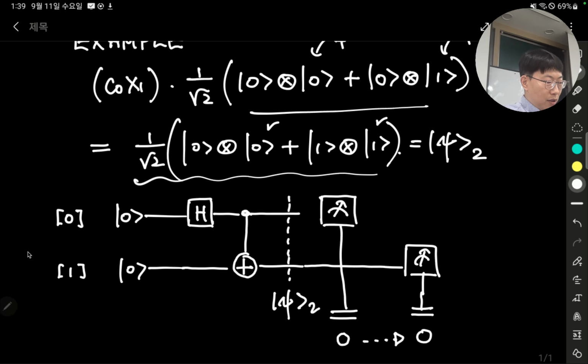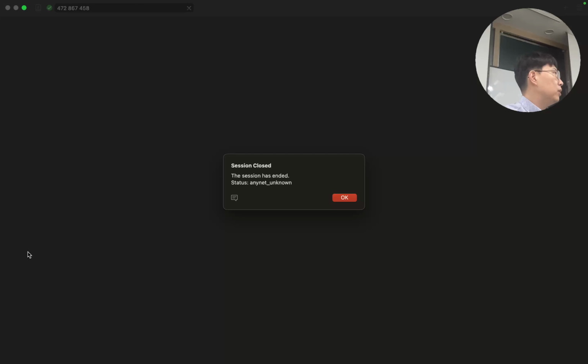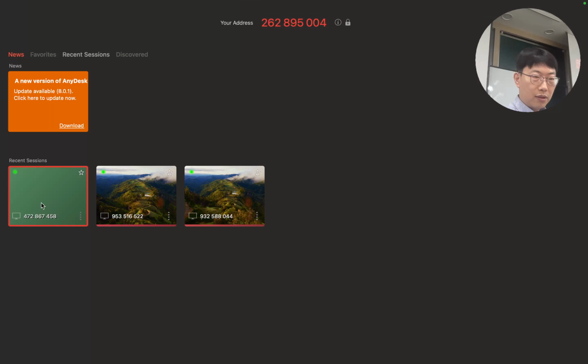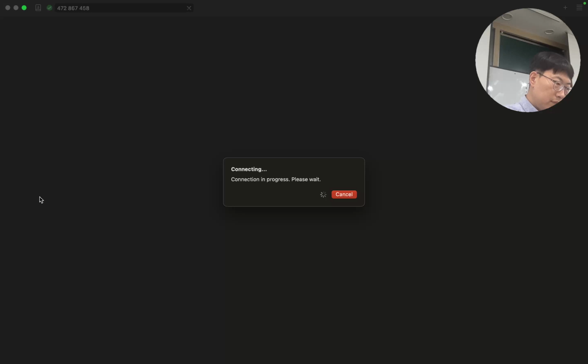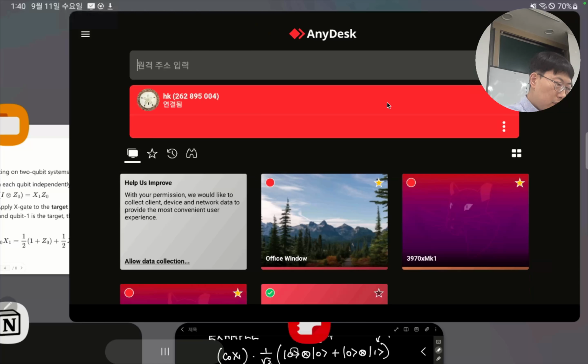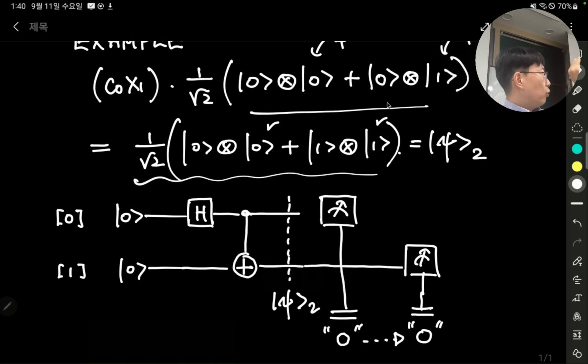So somehow the measurement on one qubit affects the measurement outcome of the other qubit.